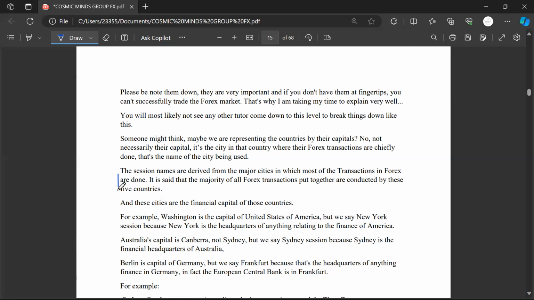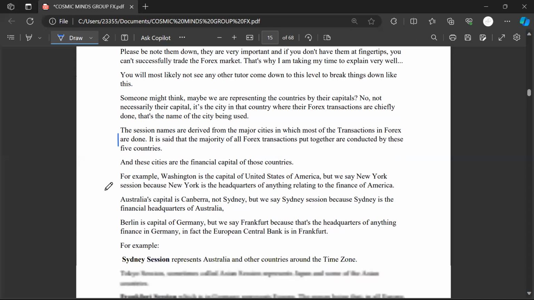It is said that the majority of all forex transactions put together are conducted by these five countries. And these cities are the financial capitals of those countries. For example, Washington is the capital of the United States of America, but we say New York section because New York is the headquarters of anything relating to the finance of America.